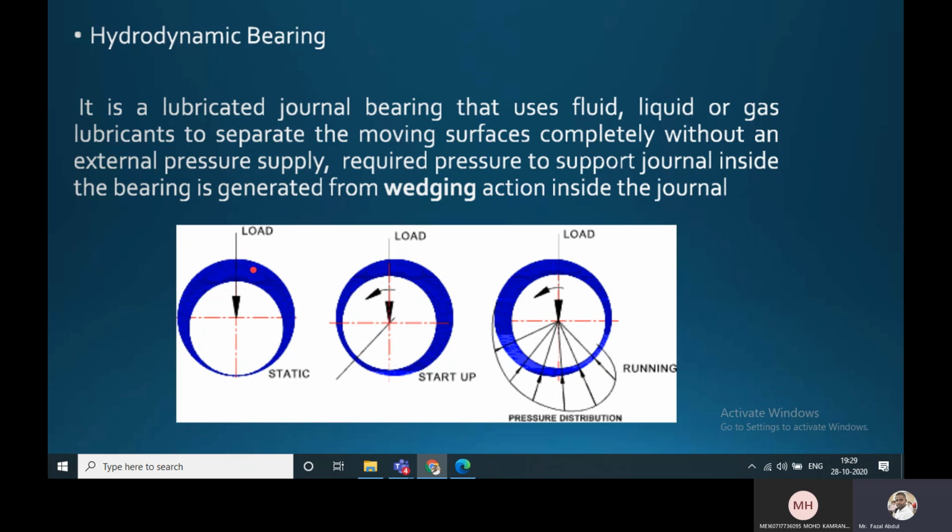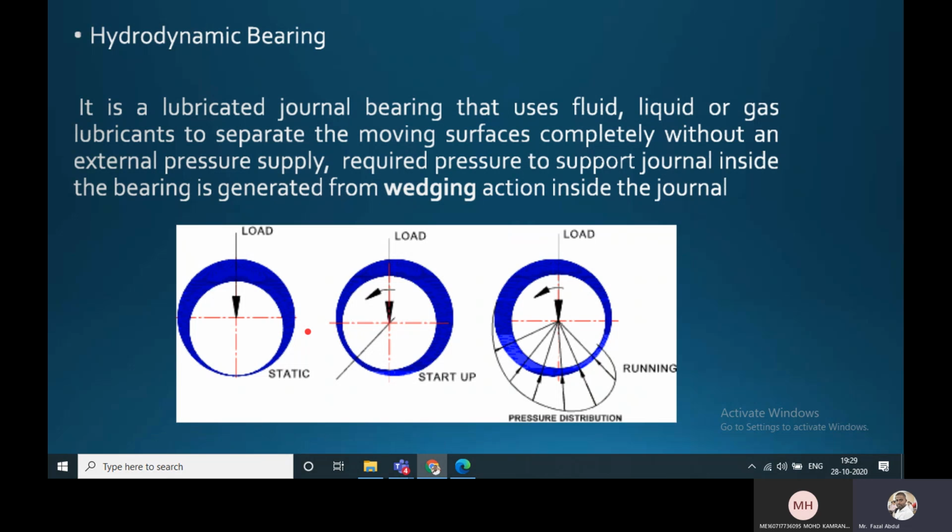The fluid is forced to move to this side, because when it rotates in the clockwise direction, or anti-clockwise direction, the fluid is forced to move in this direction. So when it is moving in this direction, the shape generated is like a wedge. For that reason I am calling it wedge shape lubrication.